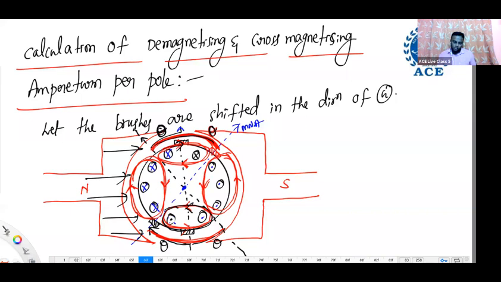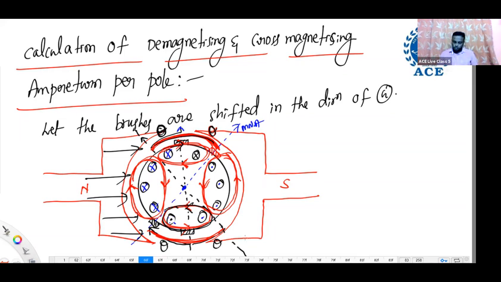Yes, brushes we cannot shift, but theoretically we can say if you shift the brush, we can reduce the spark. In the coming topic it will come, and there you will observe.